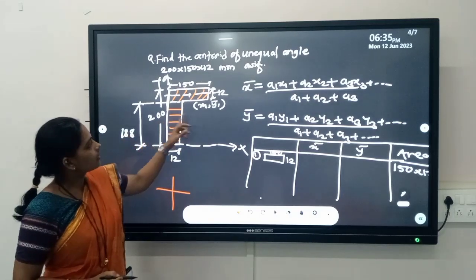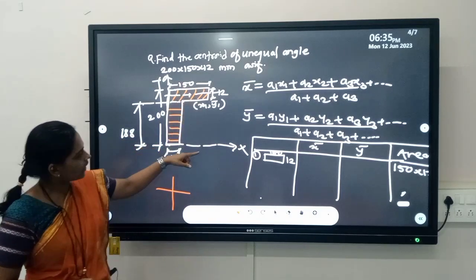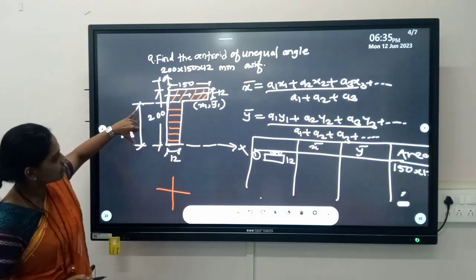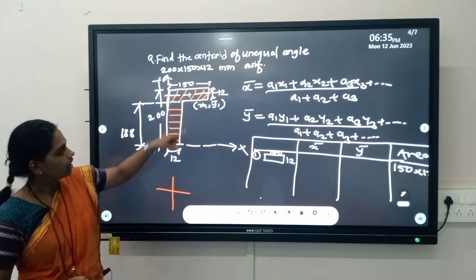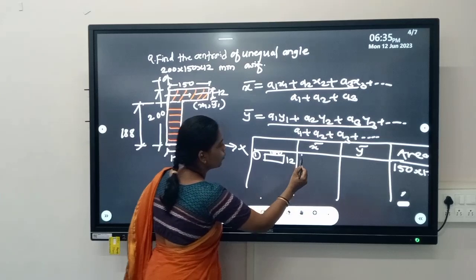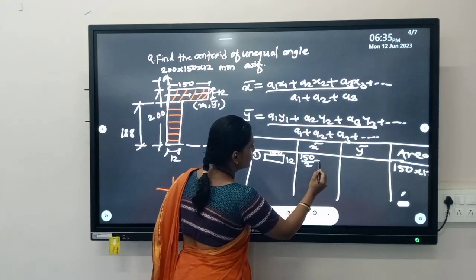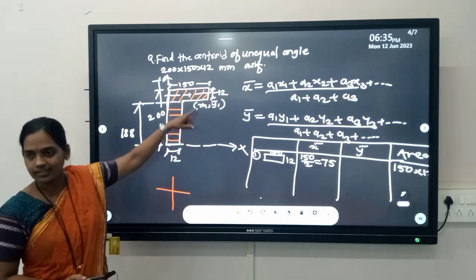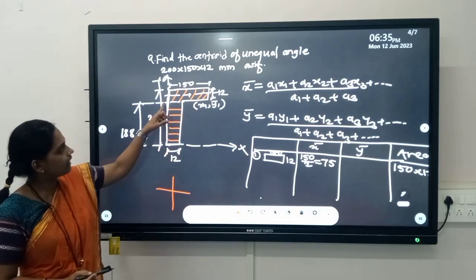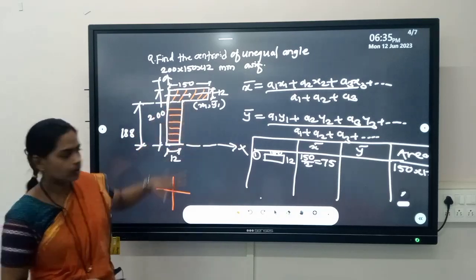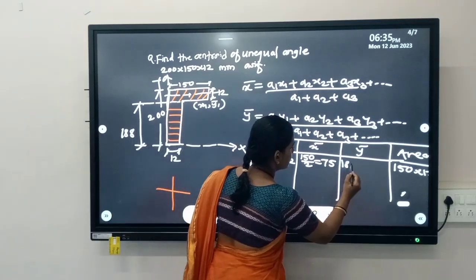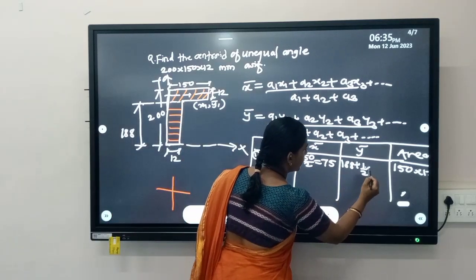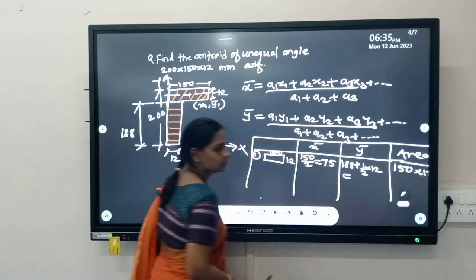So the x component will be half of 150, that is 75, and the y component we are measuring from the x axis. It is obviously 188 plus half of 12. Tell me this value.